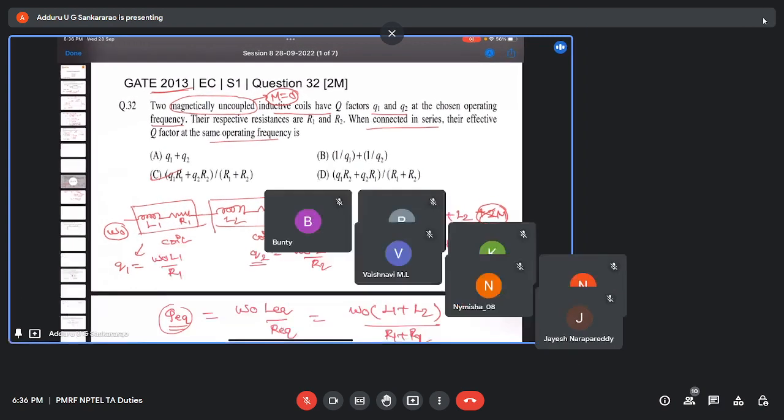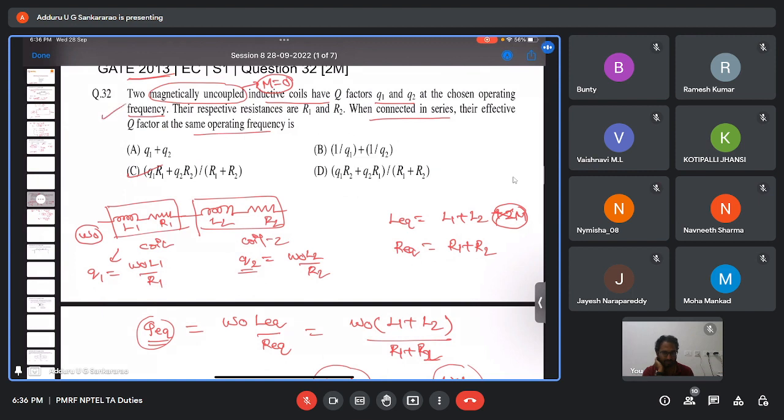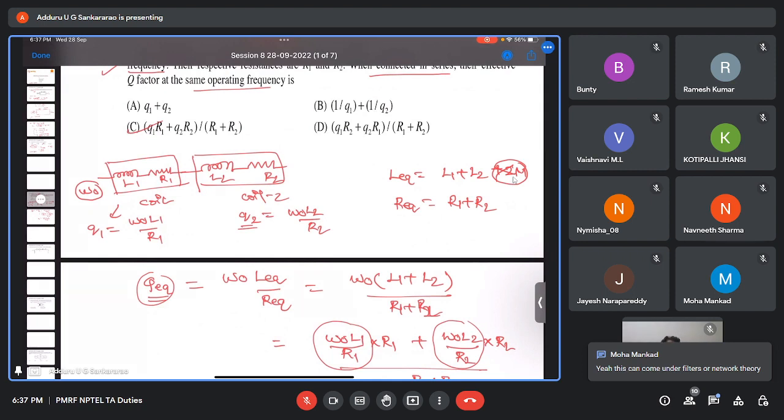They may not explicitly mention Q factor or coupling, but they may ask. That magnetic coupling and all may not be there, but this kind of question they can still ask, right? I hope series and parallel resonance is there in the syllabus, right? Series parallel RLC circuits, right? If that is there, then they may ask this kind of question also. Okay, fine. Filters, network.